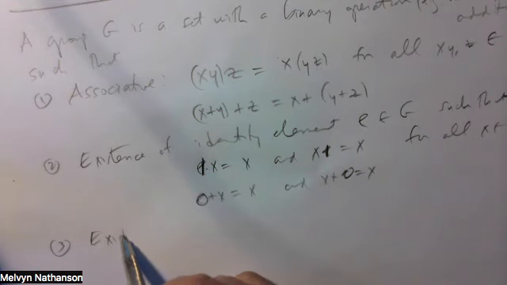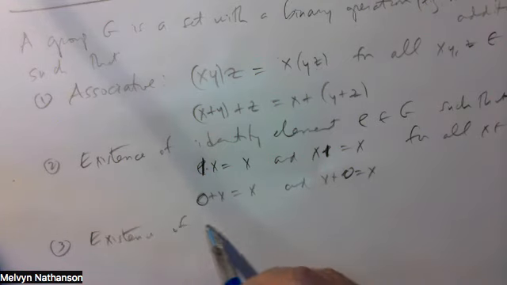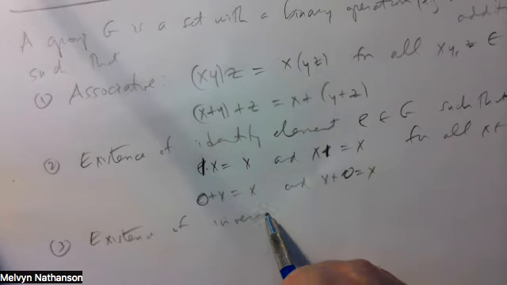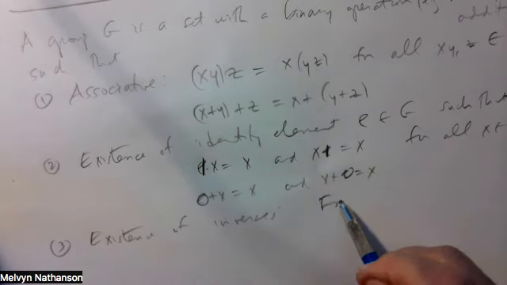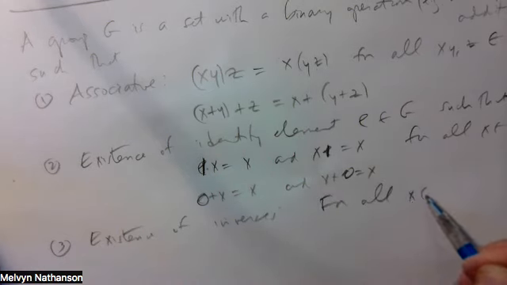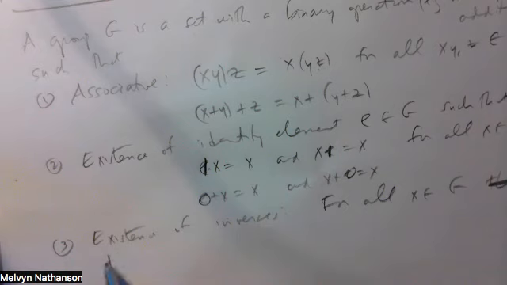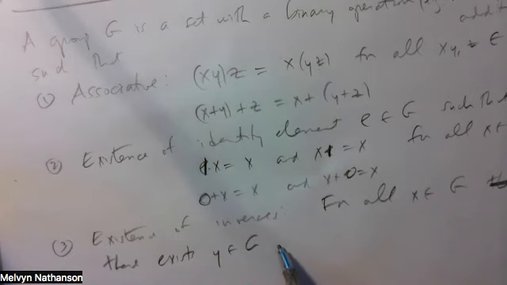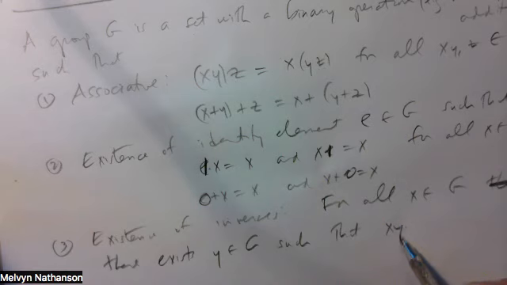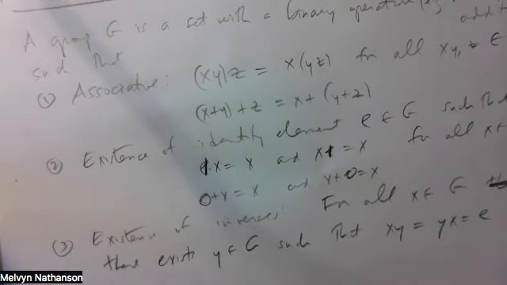And third is existence of inverses. It says for all x in the group, there exists y in the group such that x times y and y times x equals the identity.